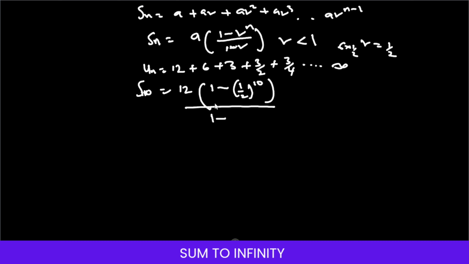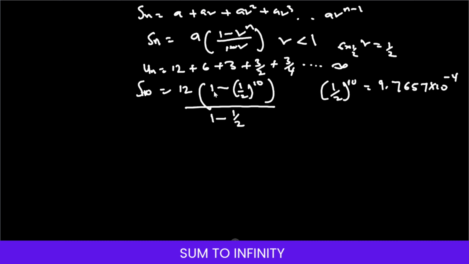1 minus r. What's the value of r? Half. So let's evaluate 1 over 2 exponent 10. This will give us a corresponding value of 9.7657 times 10 raised to the power minus 4, which is approximately 0.